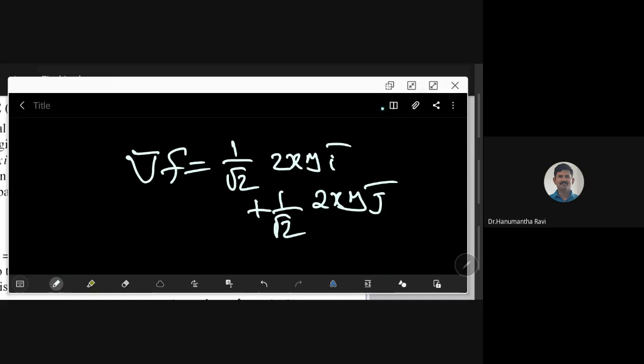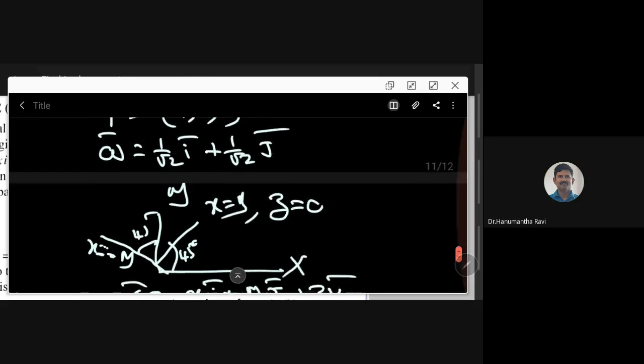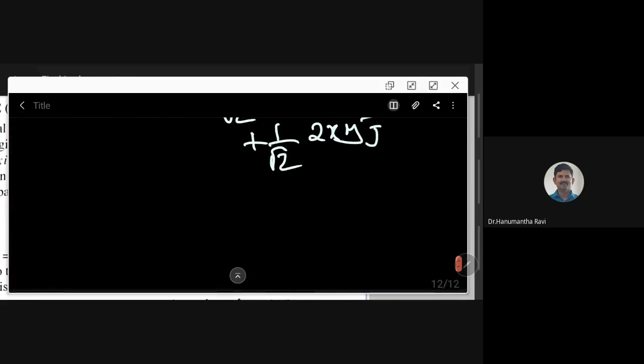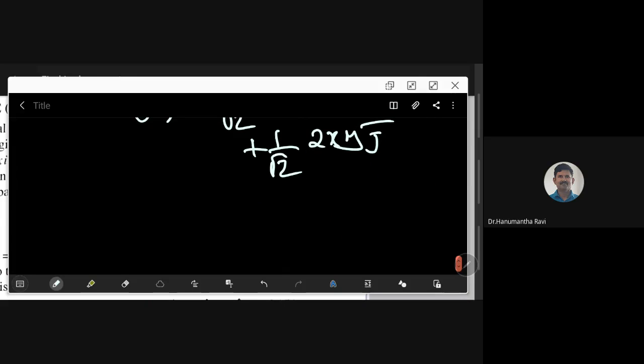That's all. So this amounts to root 2 xy (i bar plus j bar).